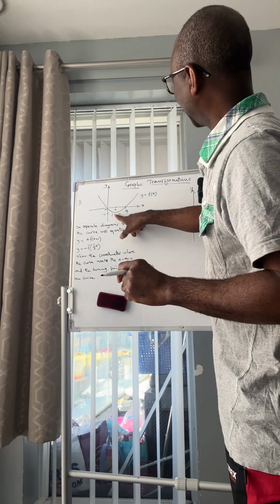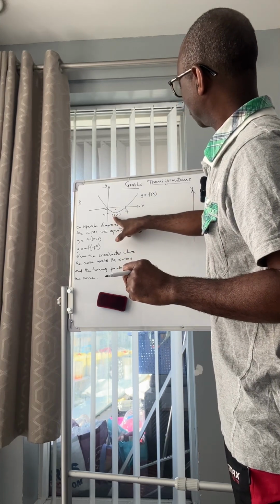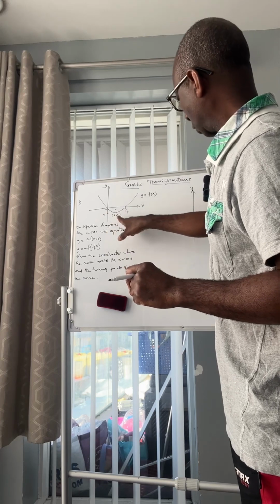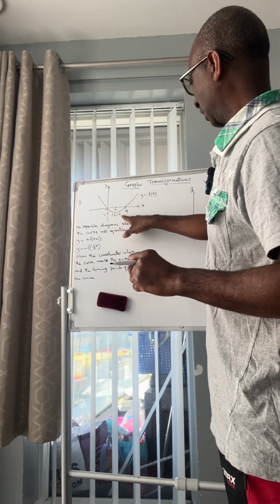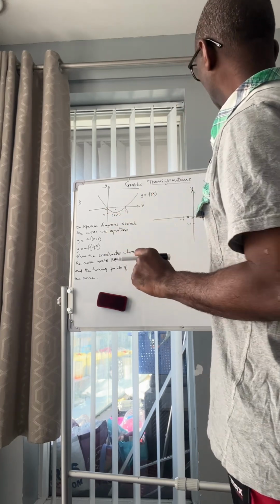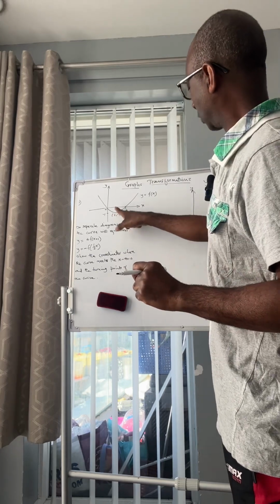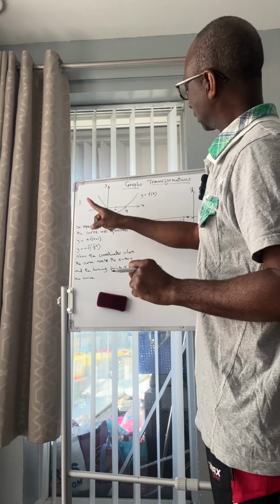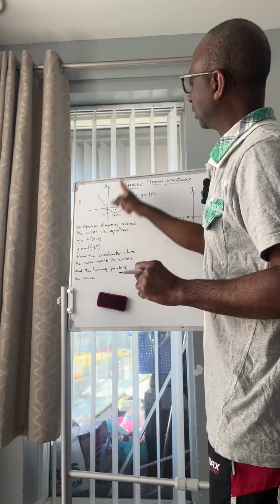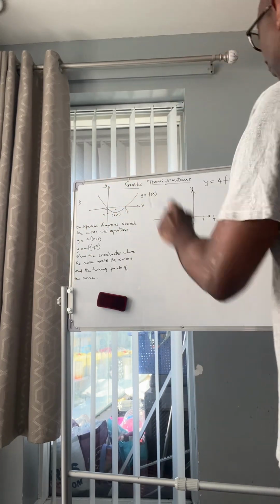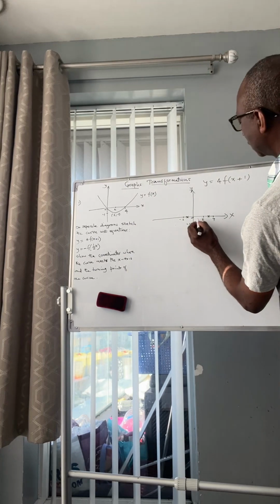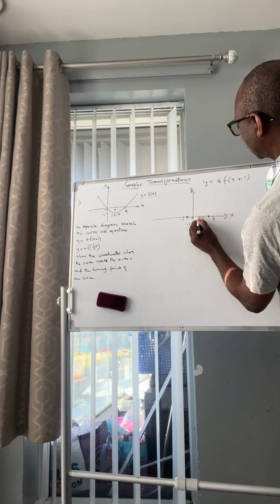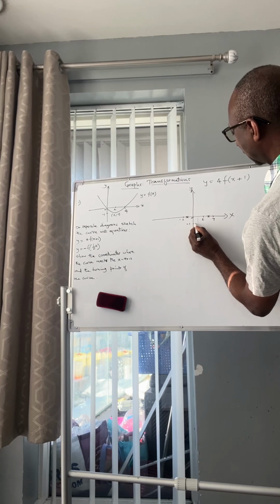Everything on the x-axis will change. Here on the vertex, the x was 2 and y was 1. The y will not change because we are only doing translation on the x-axis. So x will change. So this value, which was 2, we go backwards 1 step, is going to be now 1. From 2 to 1. So this value now is going to be here. So 1 and -1.